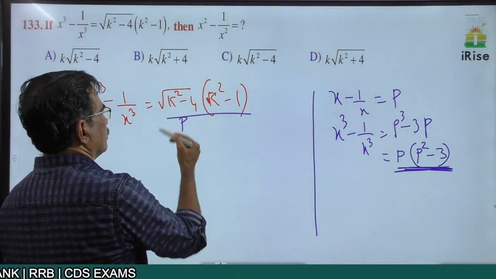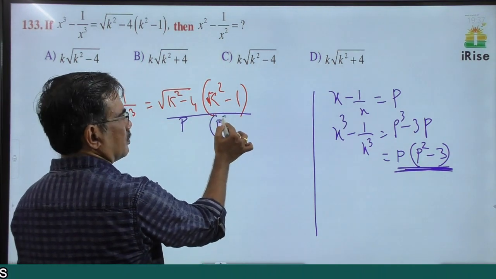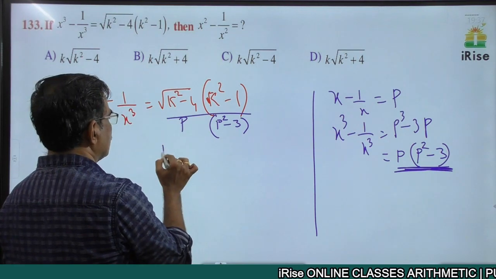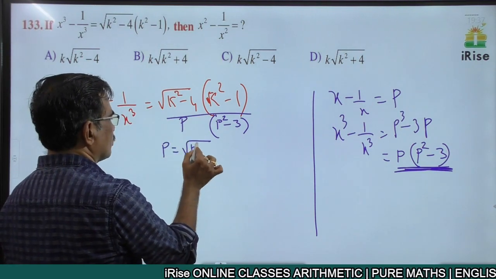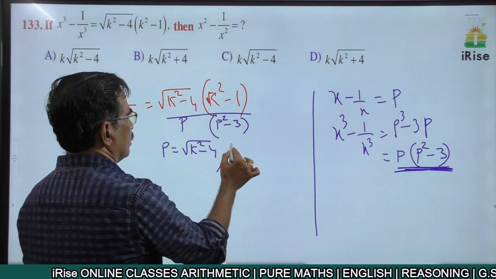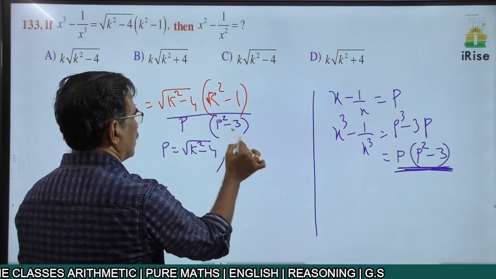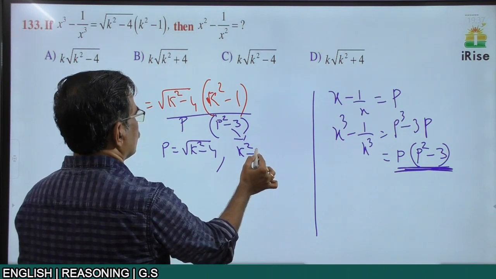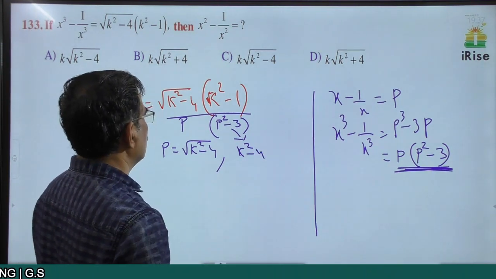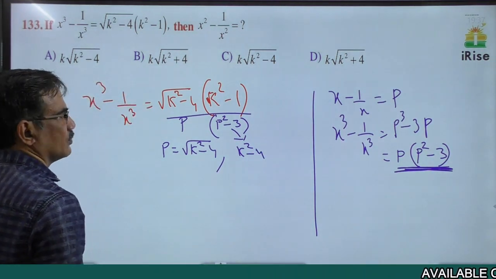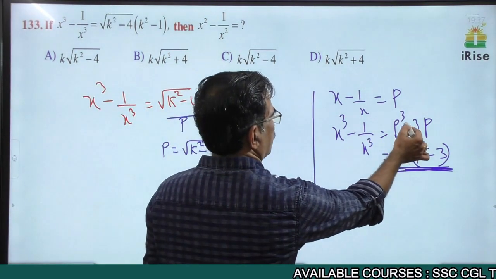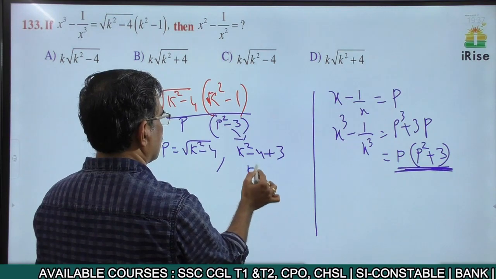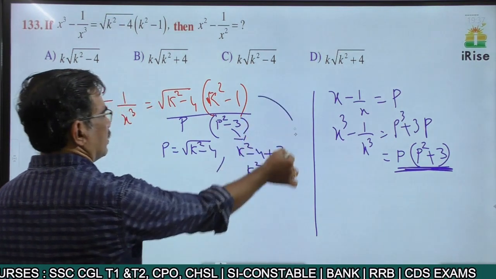This is p, and this is nothing but p square plus 3. So if p is equal to root of k square minus 4, then p square plus 3 is nothing but k square minus 1, satisfied.